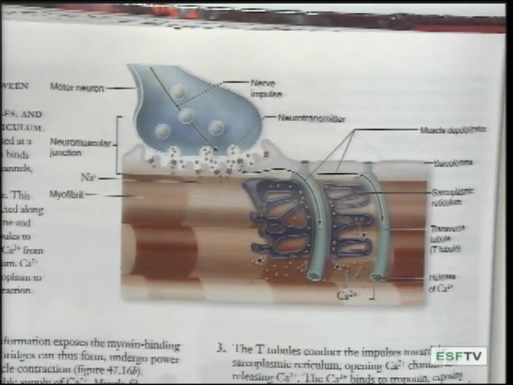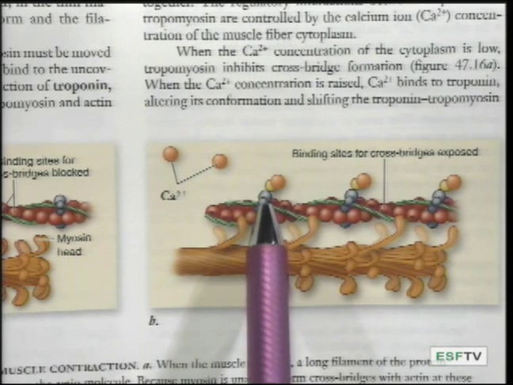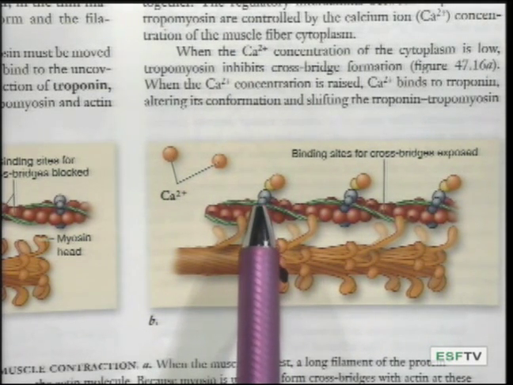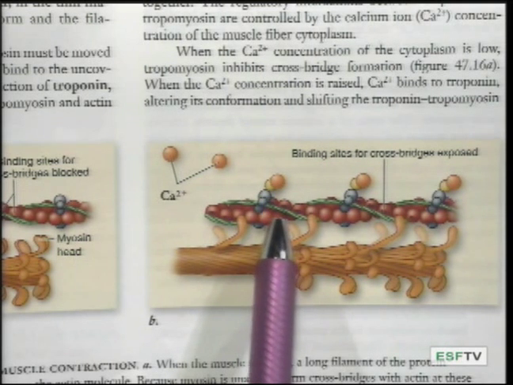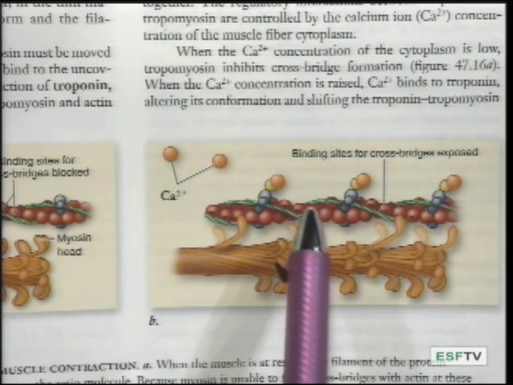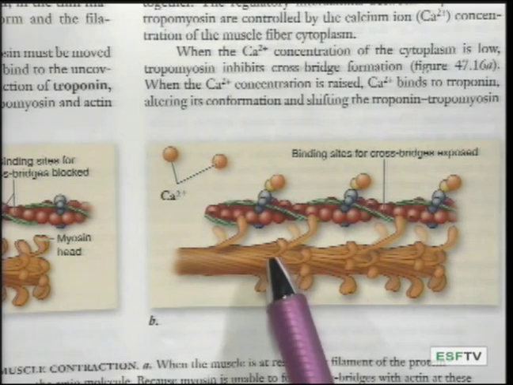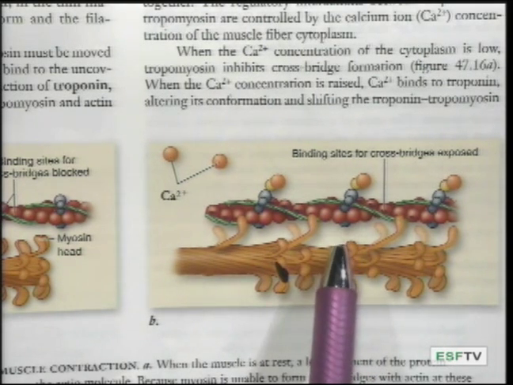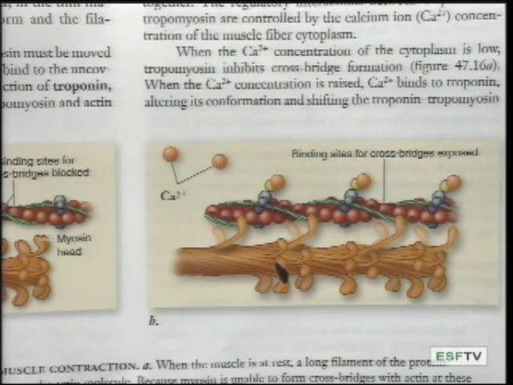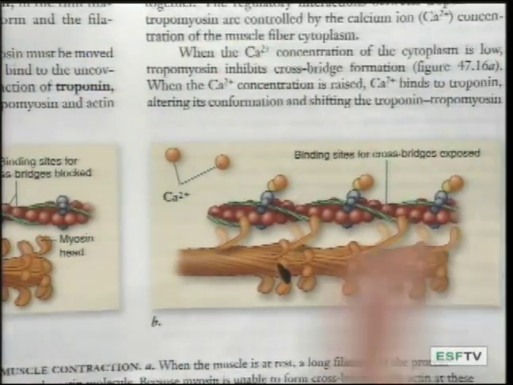Okay, so from here, let's go back to this. Once the calcium is released, the calcium comes in, binds to the troponin. The troponin undergoes a conformational change which pulls away these filaments of tropomyosin, exposing the binding sites for the myosin heads. So the myosin heads attach, automatically go into this cross-bridge cycle that causes the myosin to ratchet up that actin filament.